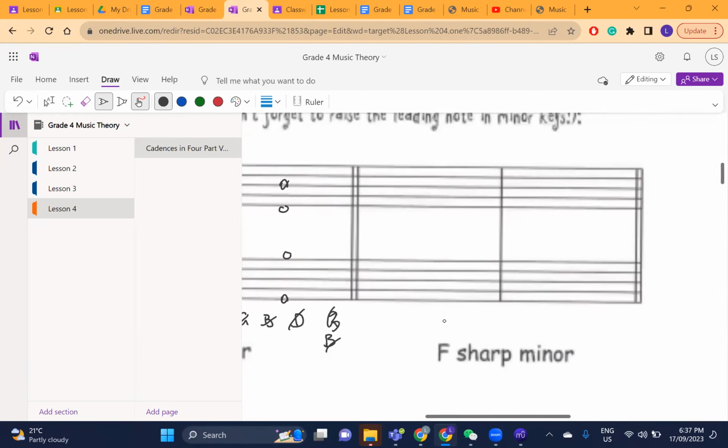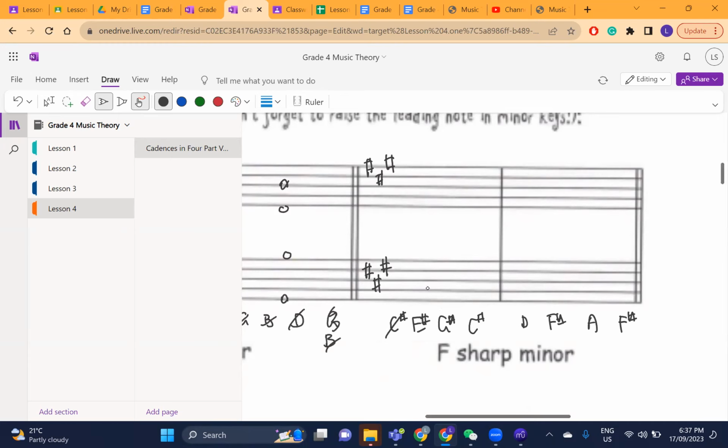F sharp minor. We have chord 5, C sharp, raise a leading note, it becomes E sharp, G sharp, C sharp for chord 5, and now for chord 6 we have D, F sharp, A, and we double the third in chord 6. F sharp minor has a key signature of 3 sharps, so this is what we're dealing with.